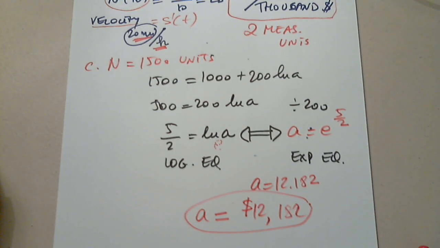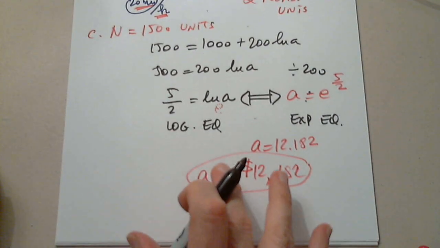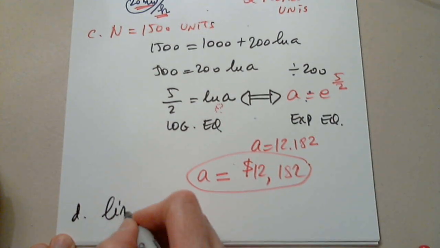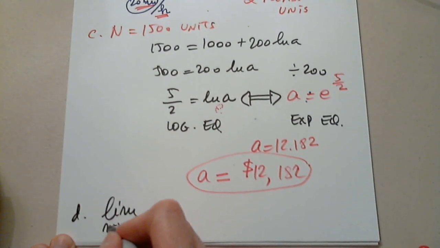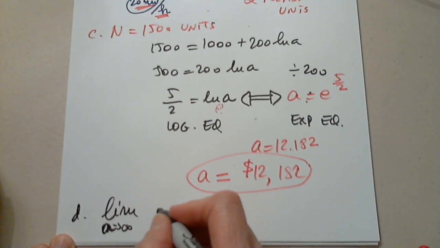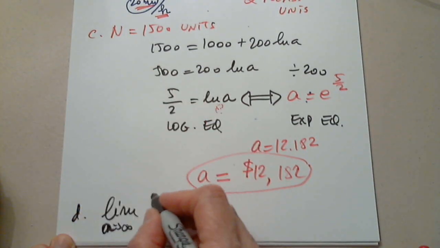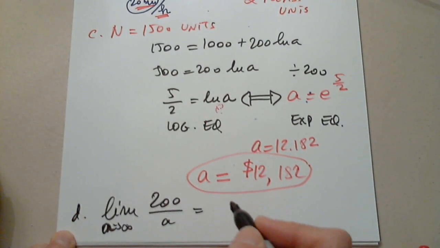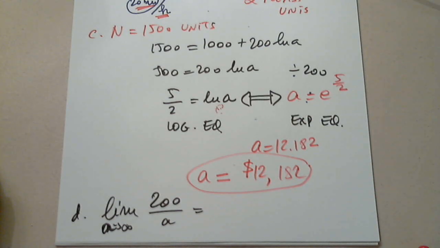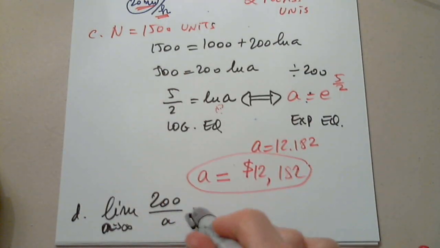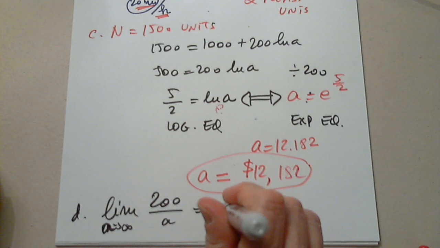So let's take a look. This is part D. The limit as A approaches infinity of 200 over A. That was n prime. So they want us to find the limit as A approaches infinity of n prime of A. What is the answer?